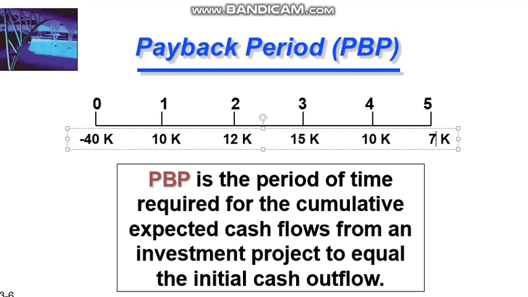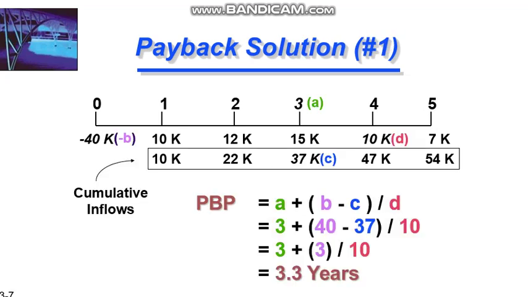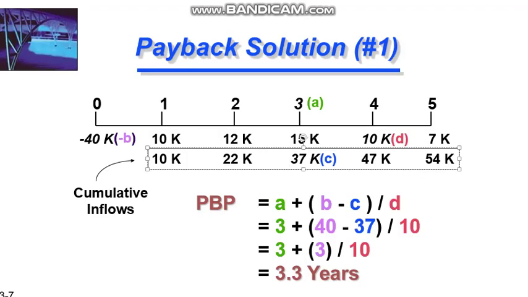So what do we need to do to get the payback period of this specific question? First of all, we need to calculate the cumulative expected cash flow at each period. We are going to accumulate the inflows. At the end of year 1 that was 10k, and at year 2 it is 10 plus 12, that is 22k.